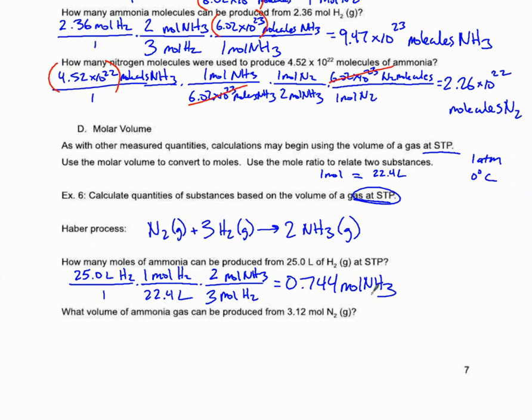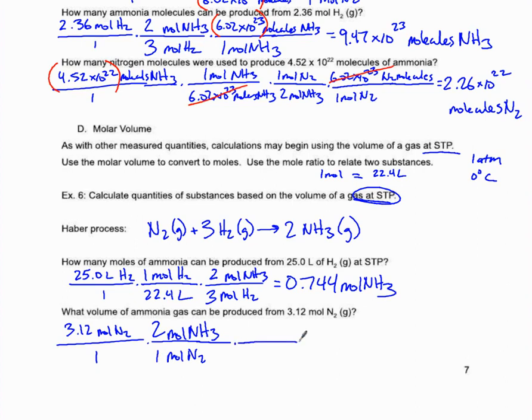Going the opposite direction, if we know how many moles of nitrogen gas, we want to know what volume of ammonia can be produced at STP. We will be using the mole ratio first because we are already in moles. Coefficients are 2 for the ammonia, 1 for the nitrogen.